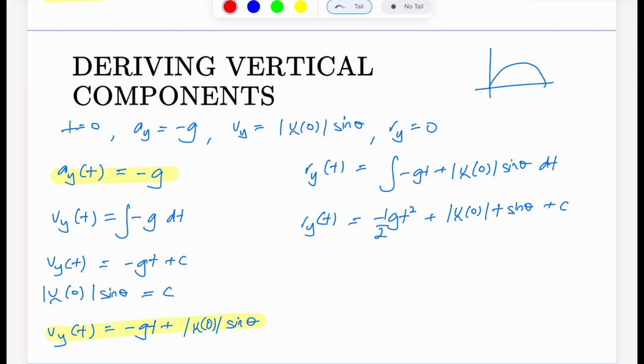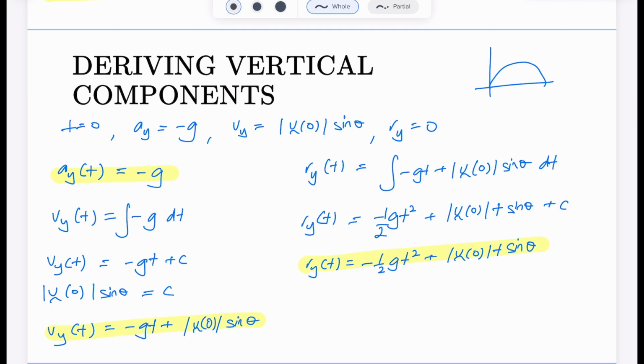So my c value would just be 0, meaning my vertical displacement equation is literally just this. Okay, so it looks pretty complicated, but if you just spend a moment to go through the explanation that I just gave, it will start to make sense for all the different components if you missed something.